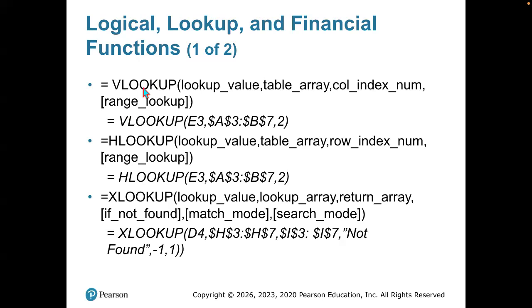So we know that all of our functions tell us exactly what we have to put in them, exactly our arguments. So for VLOOKUP or HLOOKUP, I want to start with the value, right? Then I'm going to have the array that I'm going to be using. That's going to be my table array. Array is just a fancy way of saying this is the range that I'm looking through.